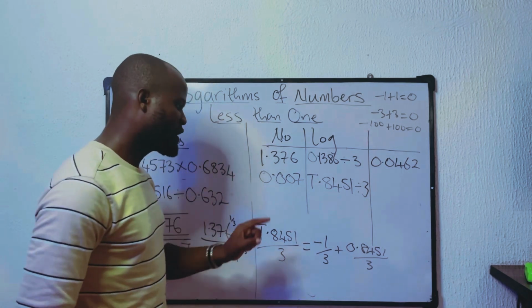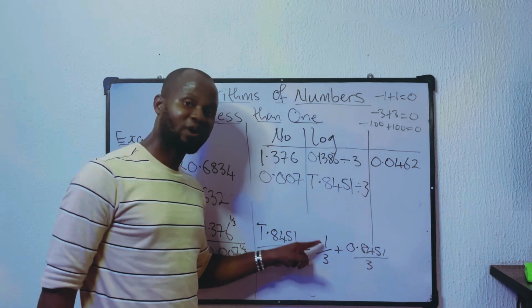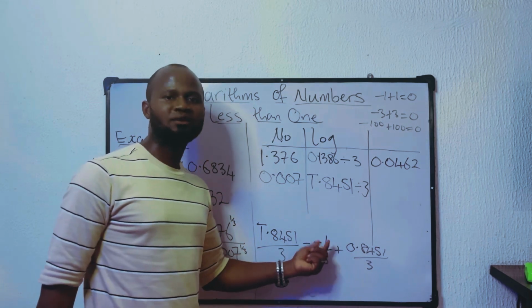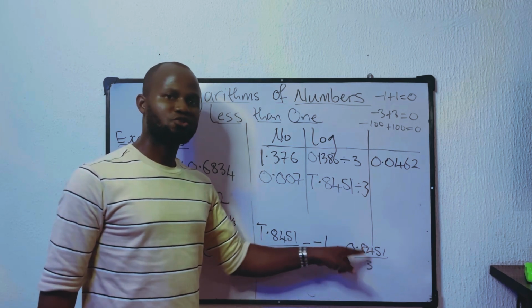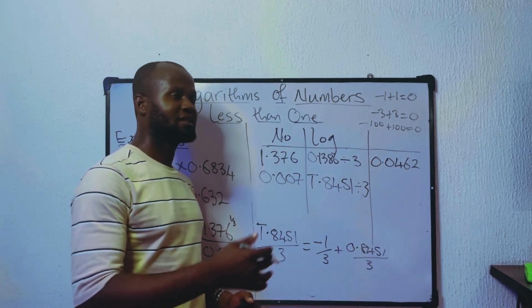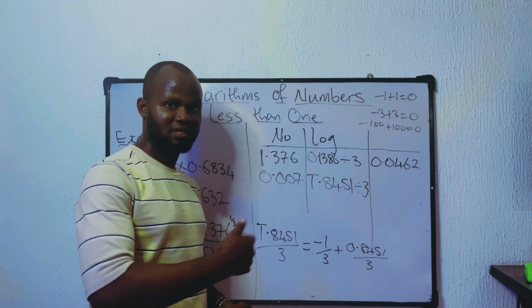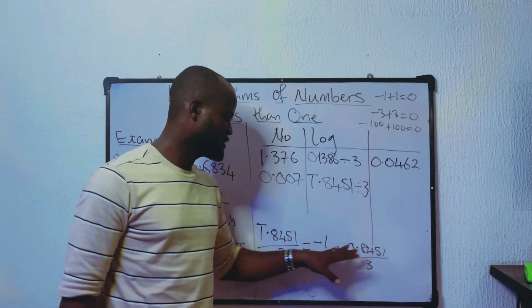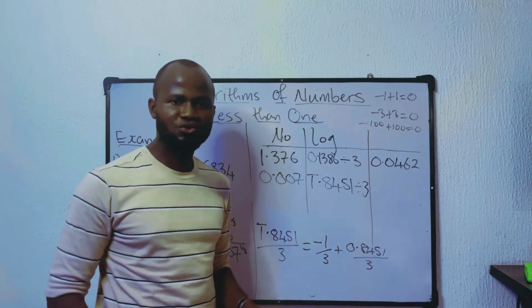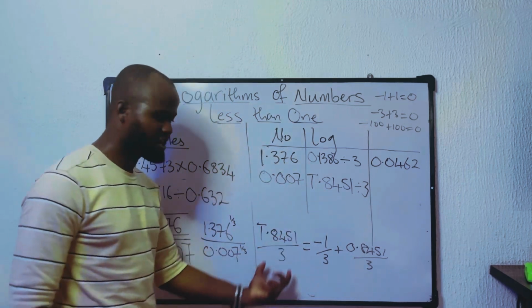Instead, I'm going to add something to this -1 that will make it become -3, and add the other part to this such that it will become the same number minus the same number plus the same number, which equates to 0. So it's going to change the look rather, but it's not necessarily going to change the value of this fraction.